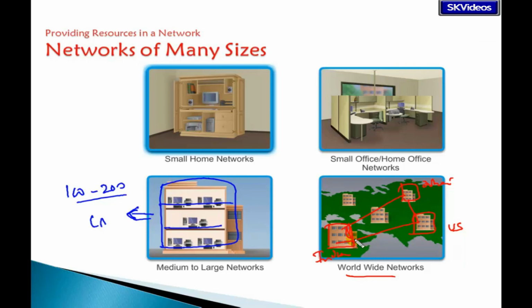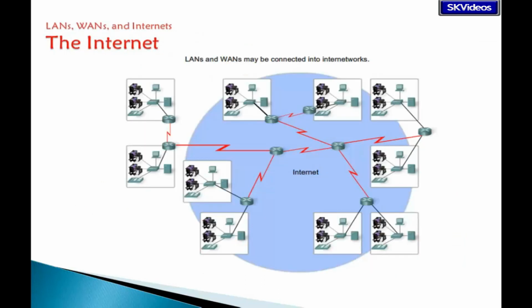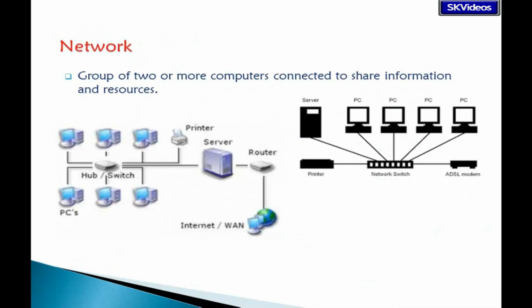Now these are all the different network sizes, and to build these networks we need some devices, right? So majorly we have three types of networks. Let me just quickly summarize. Network is an interconnection of your devices, and the main reason to do that is to share the information and the resources.